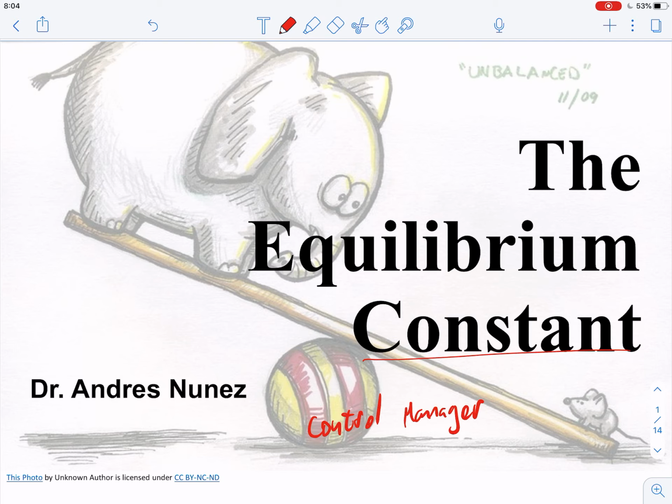But when we go to the world of chemistry and we are looking into chemical equilibrium, everything is possible. There is no such thing as you will always have a larger concentration of products or a larger concentration of reactants. Everything depends on that equilibrium constant, and now we're going to learn where that equilibrium constant comes from.